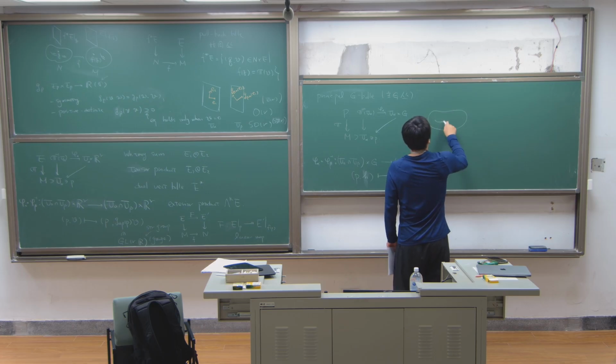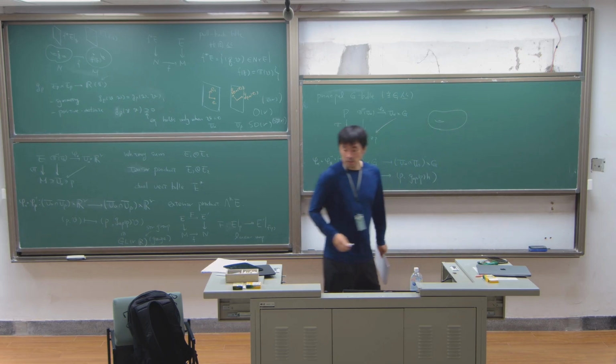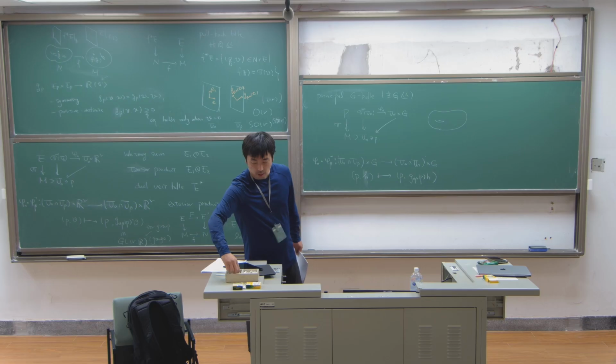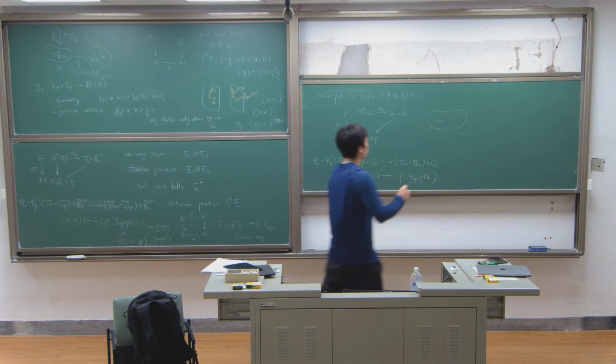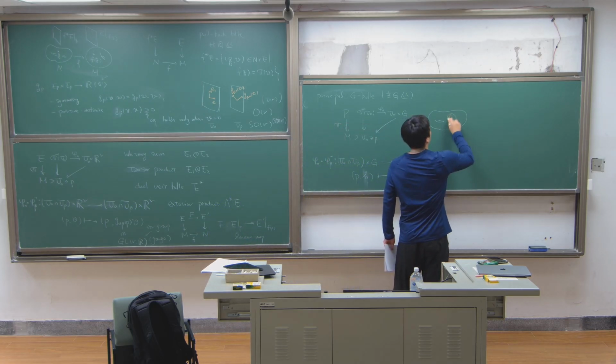you have a manifold, and then you have two regions. One is U alpha, the other is U beta.